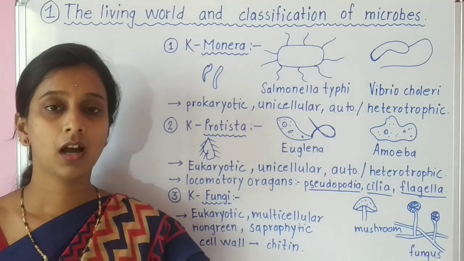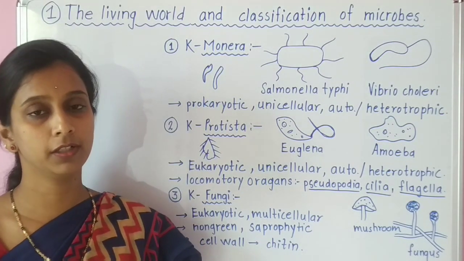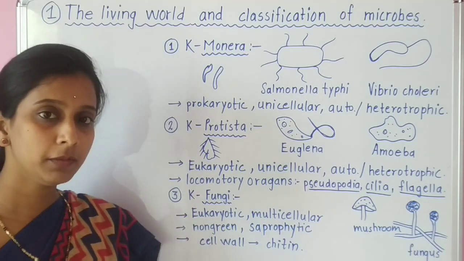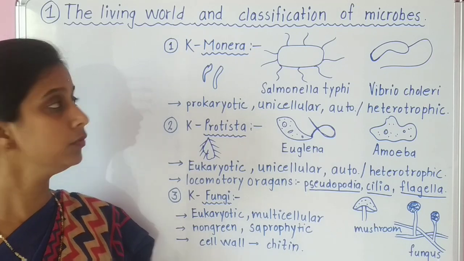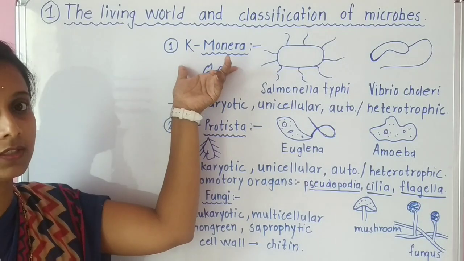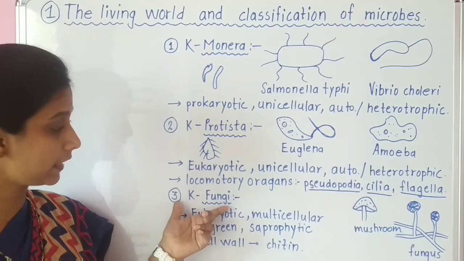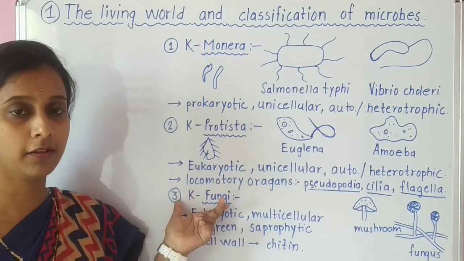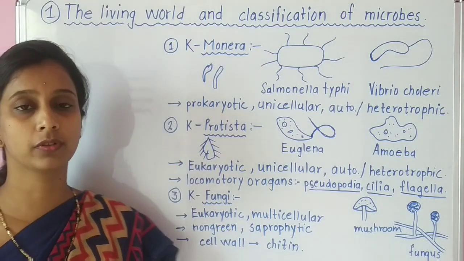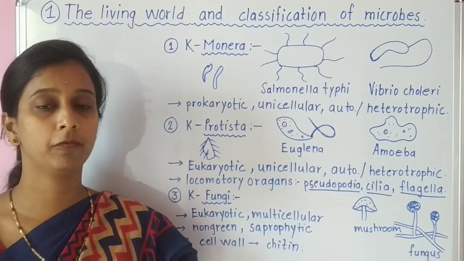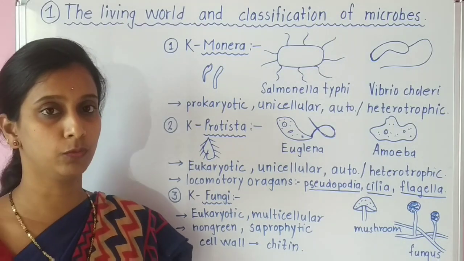Let us see how all these microorganisms are placed into the five kingdom system. All the microorganisms are placed into the first three kingdoms: kingdom Monera, kingdom Protista, and last, kingdom Fungi. Let us see the characteristics of these three groups one by one and their examples too.